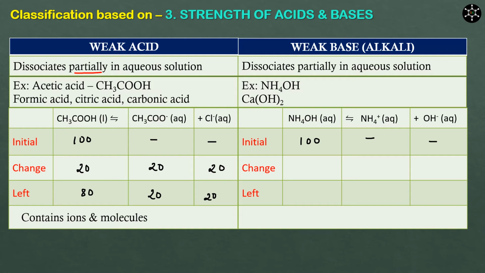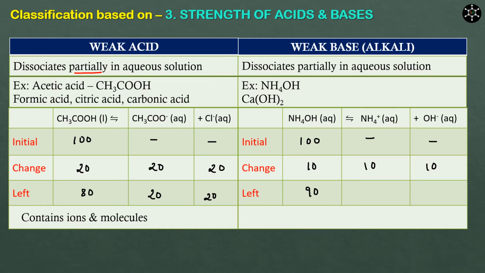For ammonium hydroxide, let us imagine 10 of the 100 ammonium hydroxide to be dissociating. Since one ammonium hydroxide gives one ammonium ion and one hydroxyl ion, 10 ammonium hydroxide will give 10 ammonium ions and 10 hydroxyl ions. So, after the dissociation, we will have 100 minus 10, that is 90 ammonium hydroxide left in the molecular form in the aqueous solution.